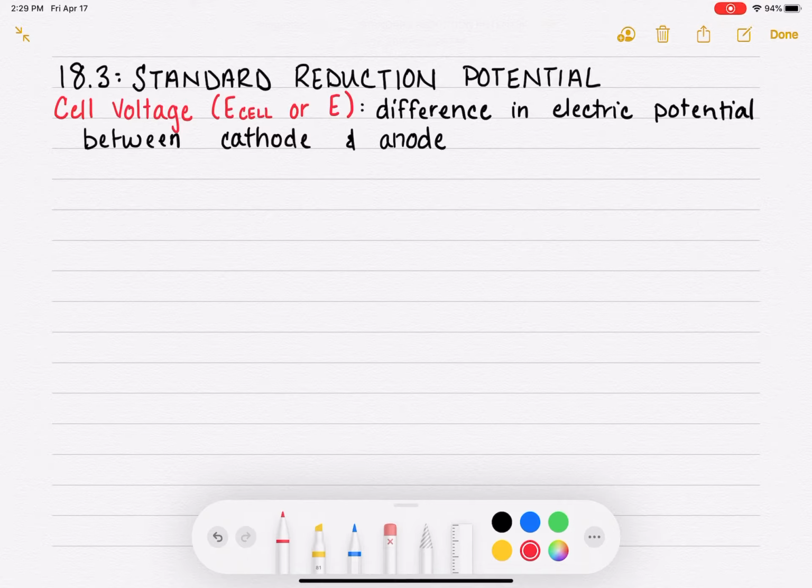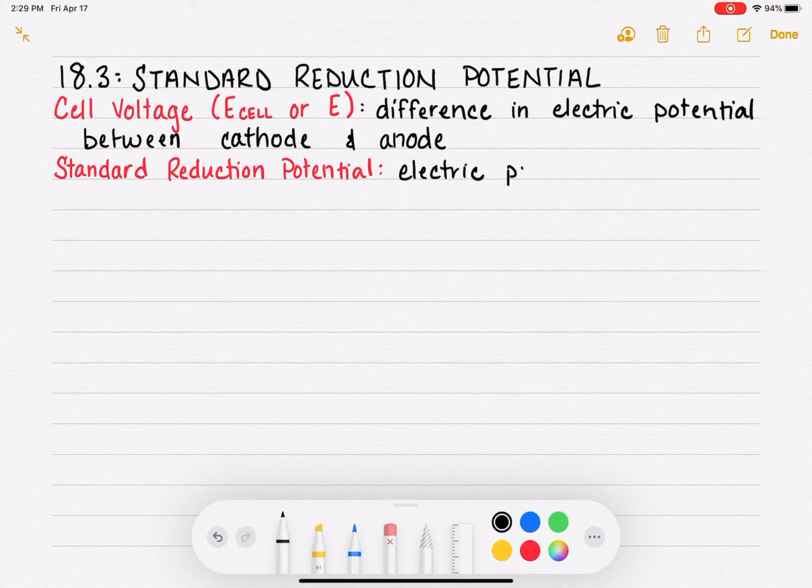So we also have what we call the standard reduction potential. The standard reduction potential is the electric potential of a reduction half reaction.